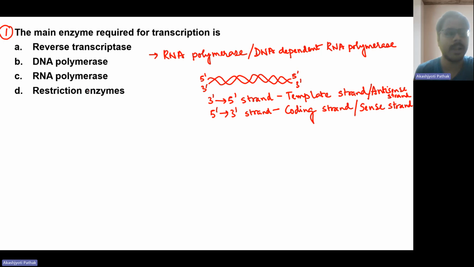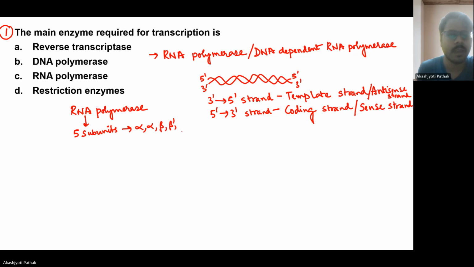Okay, so we were talking about RNA polymerase. As we had seen, there is only a single RNA polymerase in case of prokaryotes. A single RNA polymerase can synthesize all the RNA that is required for bacteria, right? And this RNA polymerase is made up of 5 subunits. It has 2 alpha subunits and a sigma factor.